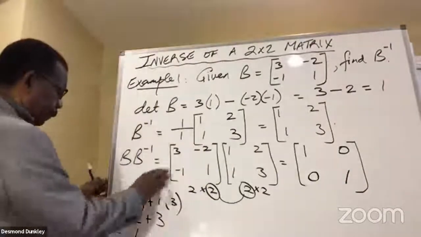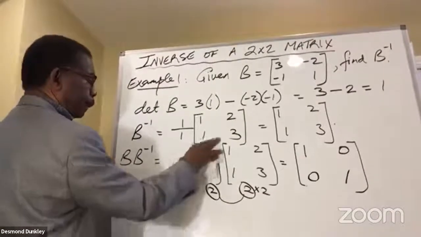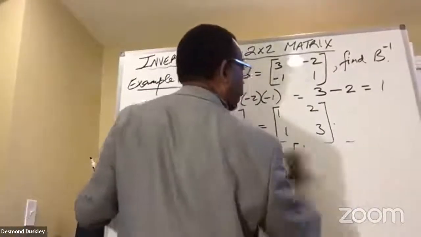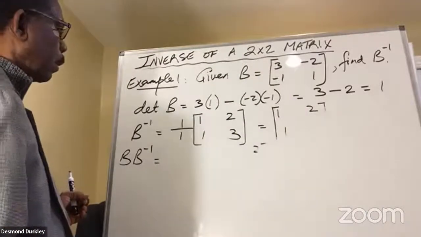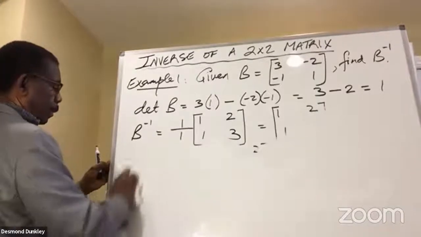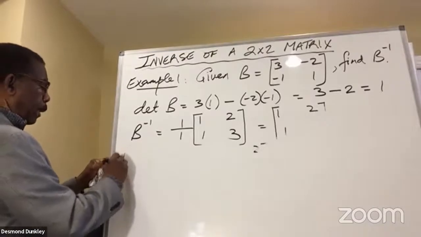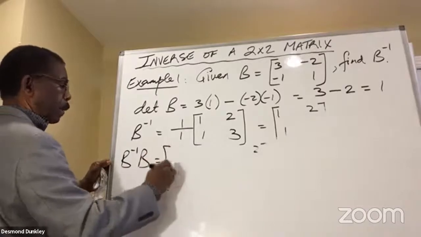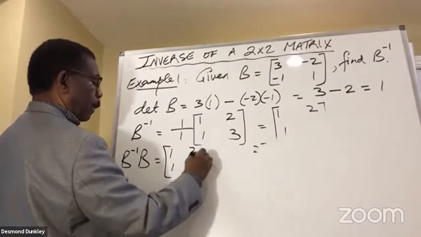So here we go. So it is b to the minus 1 times b. B to the minus 1 is 1, 2, 1, 3.